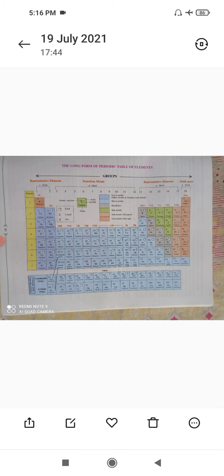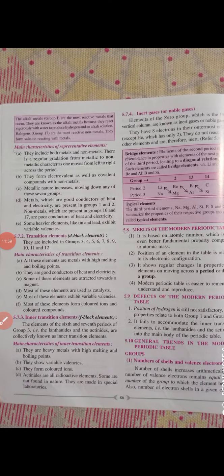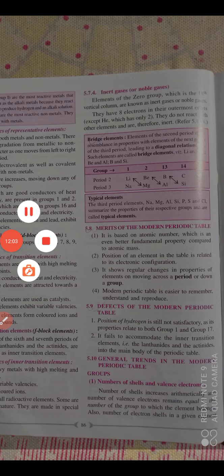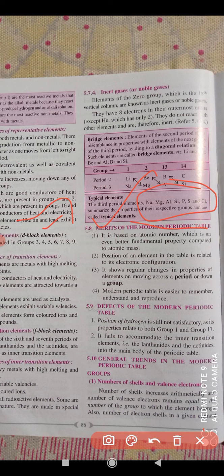They summarize their group's properties because their characteristics are shown. The properties of their group depend on them; generally these elements are found more in nature, so their characteristics are shown in all other elements. That's why they are called typical elements.